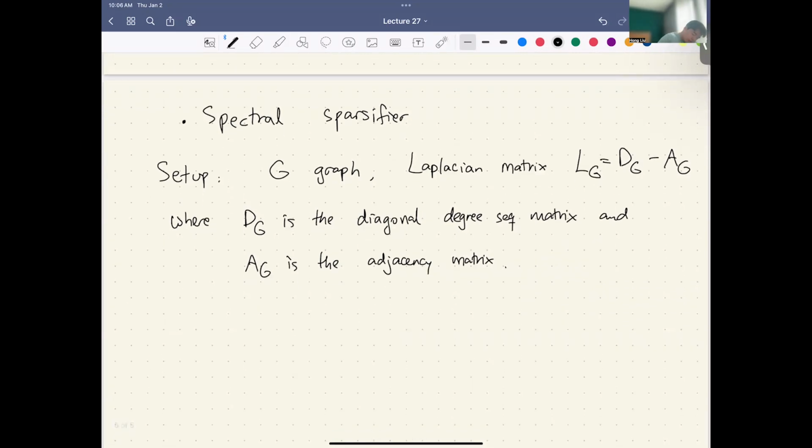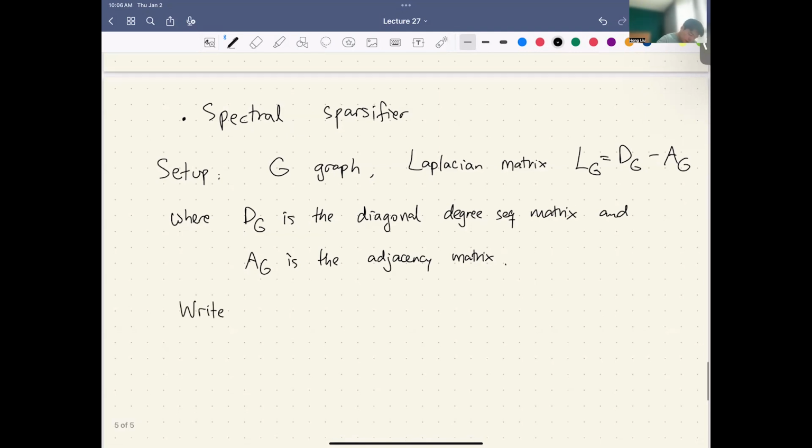We can also write, when G consists of a single edge, the Laplacian for a single edge. So we write LE for fixed pair that's an edge E, the rank 1 Laplacian for the edge E.